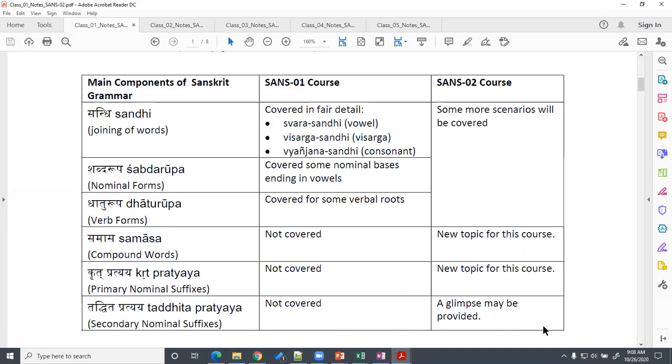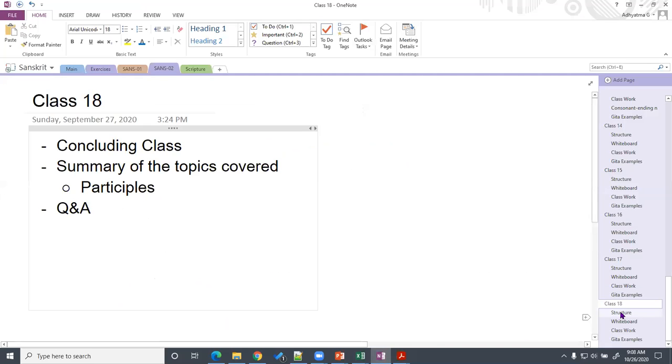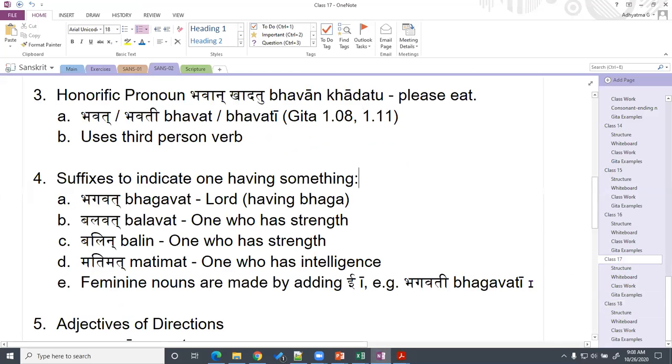So today I'll just tell you some words which we did cover as a part of Tadhita Pratyaya in the last class, and that was related to these kind of words. So Bhagavat, Balavat, Balin, Matimat, these are the Tadhita Pratyaya. So this Vat you see, and this in and mat, so these are all Tadhita Pratyaya.